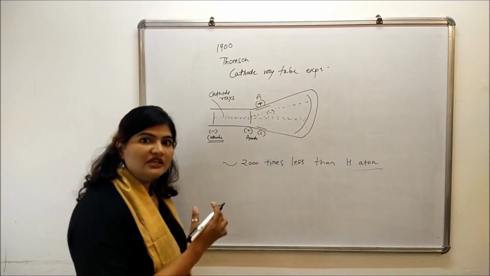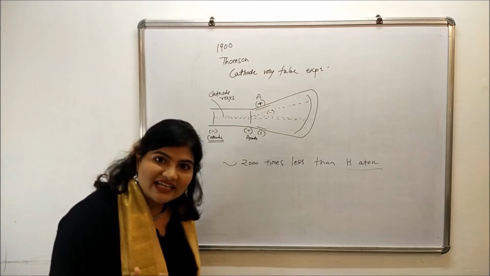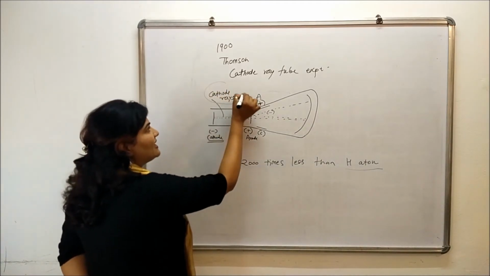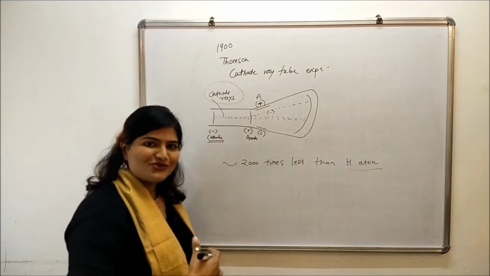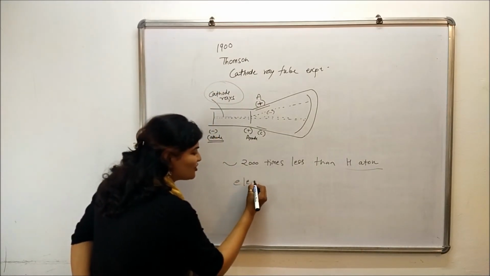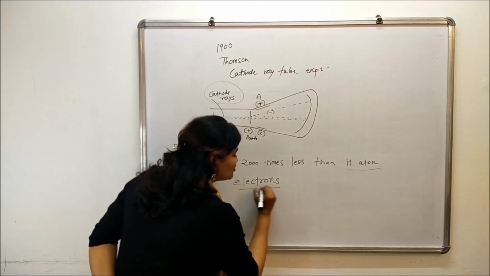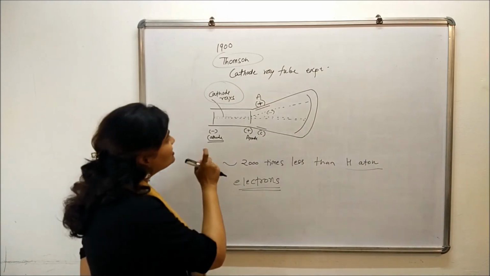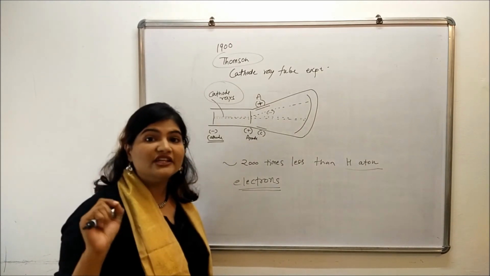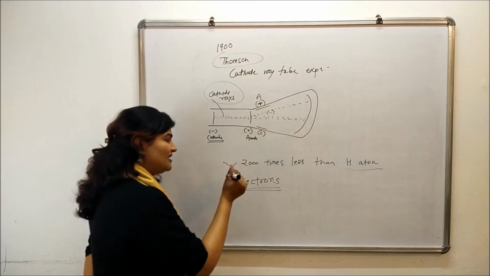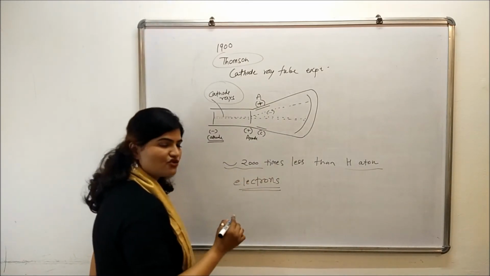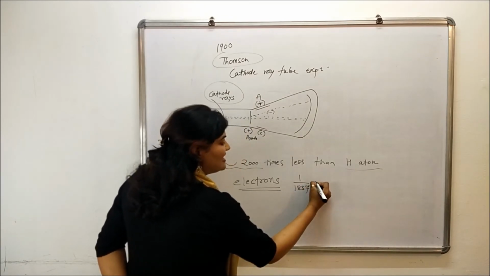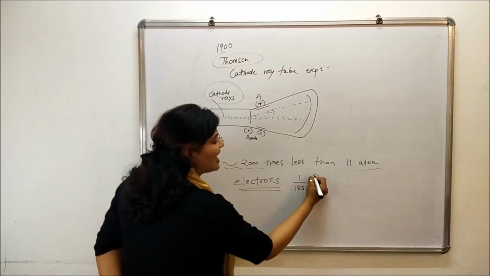So it must be a subatomic particle, and here the discovery of the subatomic particle, or cathode particle, later named electrons, was made. So electrons were discovered by J.J. Thomson in the 19th century through this experiment called the cathode ray tube experiment, and then he discovered the exact weight of electrons, which is 1 upon 1837 times the weight of a hydrogen atom.